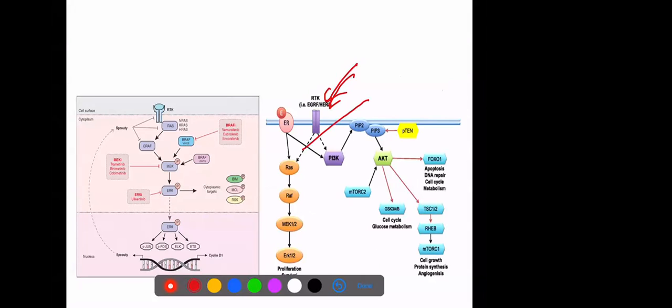Even without growth factors, these receptors will stimulate the pathways, leading to increased cell generation. And in the third mechanism I told you, all these are normal. What happens is that in the downstream pathways, you have mutation in any of these proteins, any of these genes, and they start activating the further downstream pathway, leading to proliferation and survival.